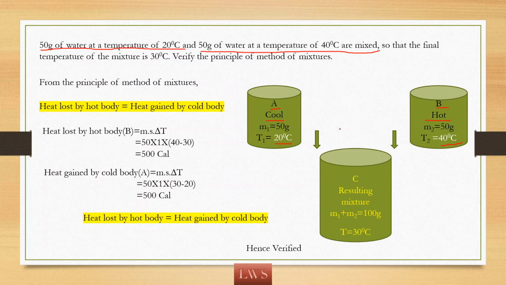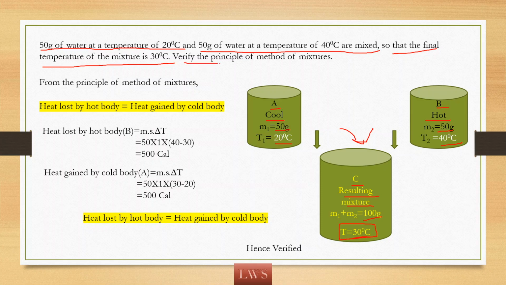These are mixed into C, so that the final temperature of the mixture is 30 degrees Celsius. C is the resulting mixture, whose final temperature is 30 degrees Celsius. This we obtained in the last class. Here A is 50 grams, B is also 50 grams. If we mix these two, the resulting mass is M1 plus M2, that is 100 grams.